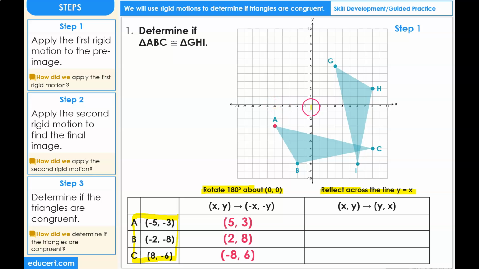Here is A at (-5, -3), and it goes to now (5, 3). B will go to (2, 8), and C will go to (-8, 6). This is the image after rotating triangle ABC 180 degrees about the origin.